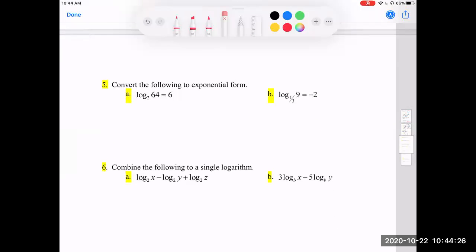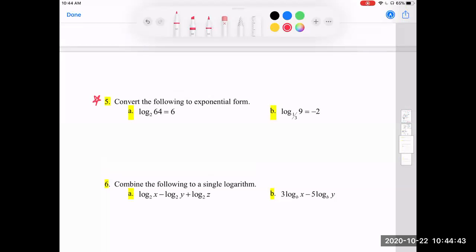Okay, let's go to 5a. Convert the following to exponential form. This is so important. If you get stuck in logs, going back to this basic understanding is so helpful. If you recall from your notes, exponential form and logarithmic form, we can go from one to another.